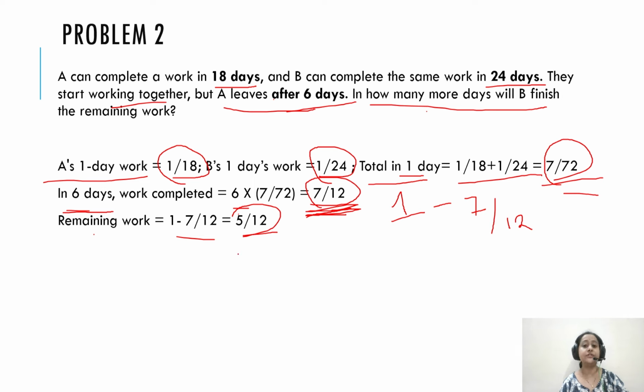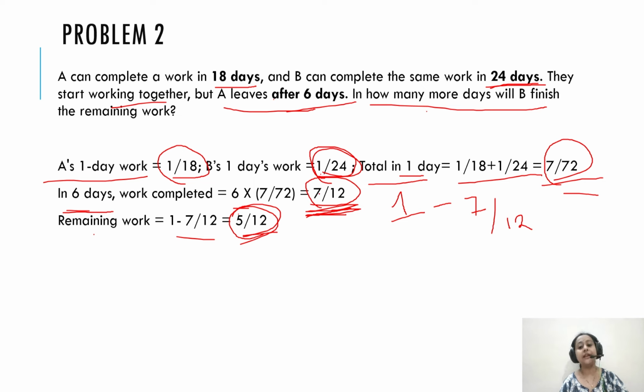So how much time will it take for B to complete the work? Again, we will take the reciprocal. B can complete his work in 24 days, and in 1 day B can complete 1 by 24. So this much work will be done per day. The formula is the remaining work divided by the work completed in one day.